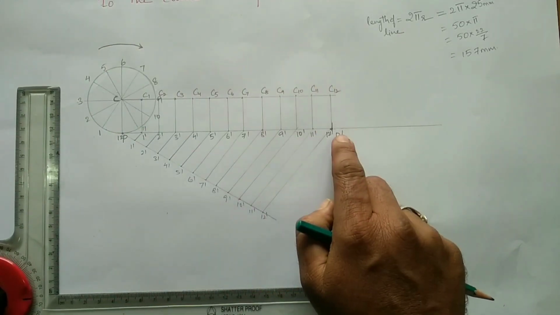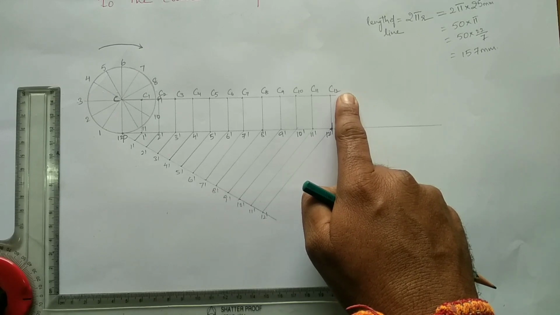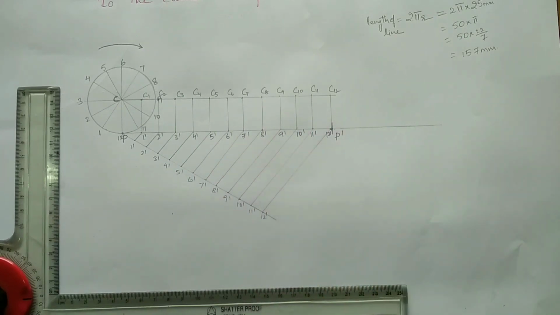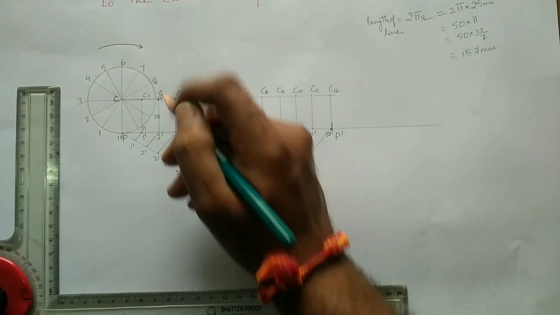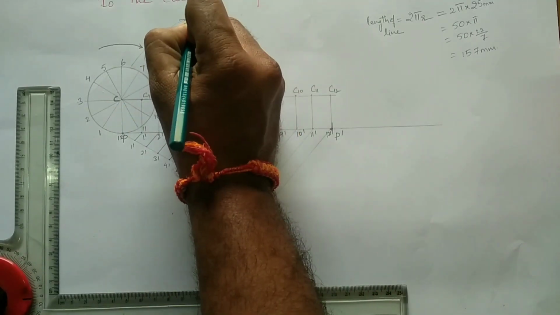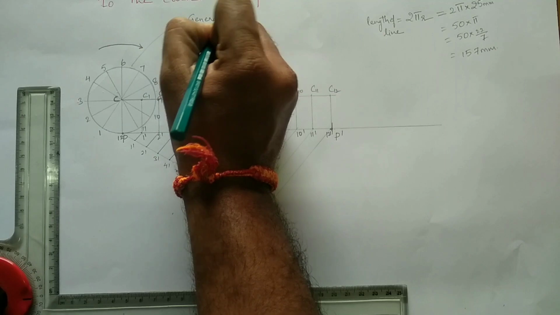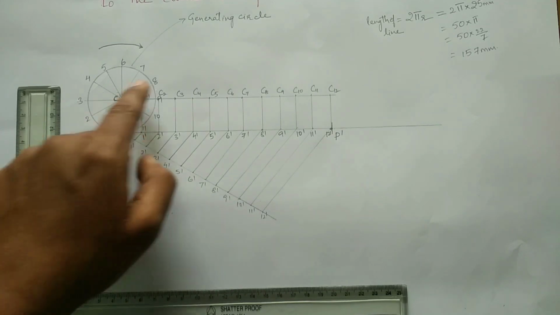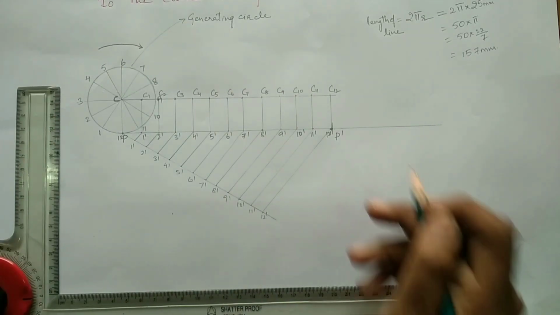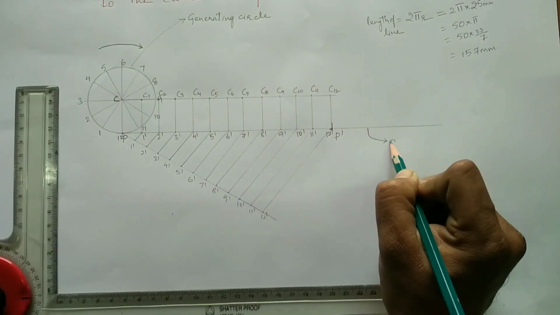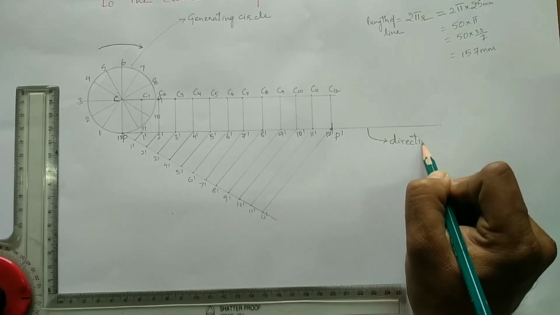When it makes one complete rotation, it comes to the stopping point. For one revolution it comes to the point C12. All the points joining the centers, we call the locus of center. The circle which generates the curve, we call the generating circle. The line on which the circle rolls, we call the directing line.